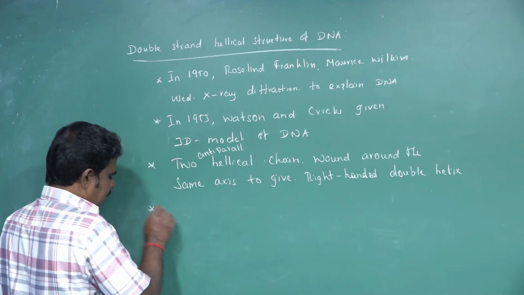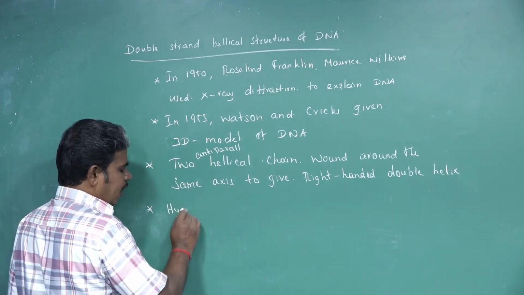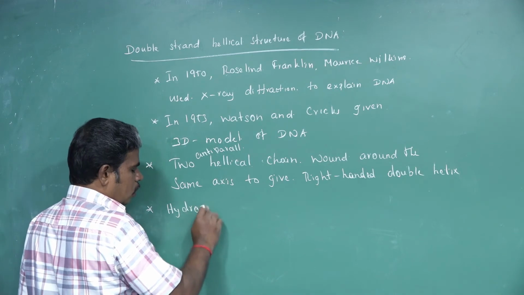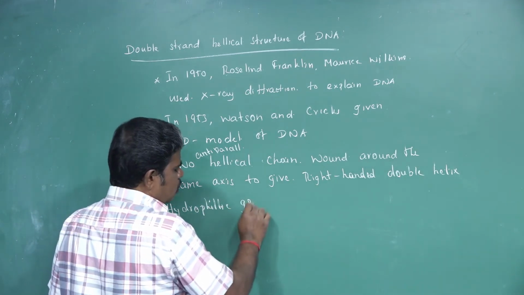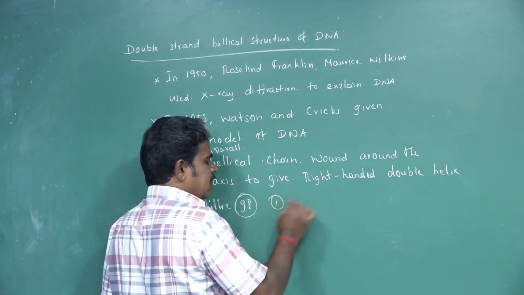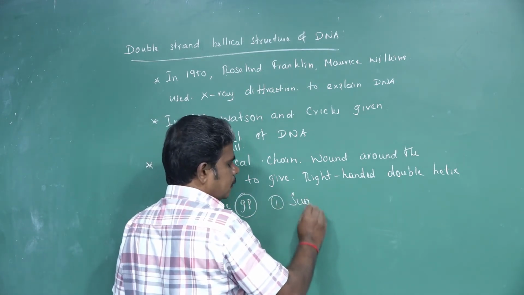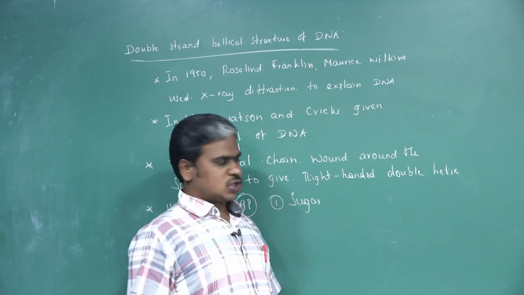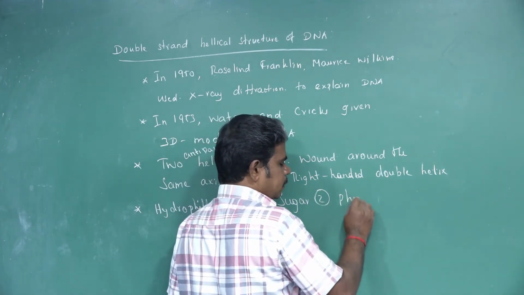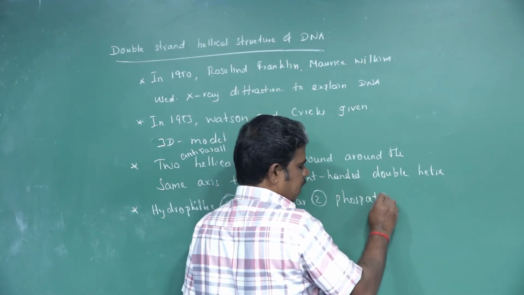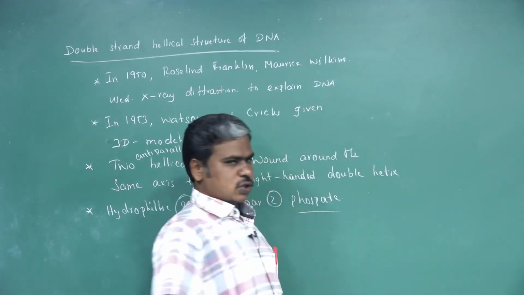And here taking the hydrophilic groups. One is the sugar, which contains an OH group, and the second one is the phosphate, which has an O minus group.